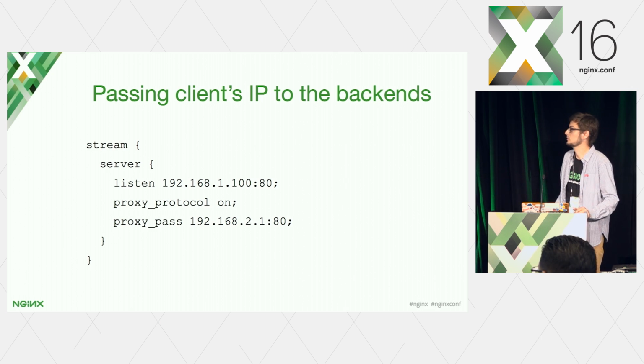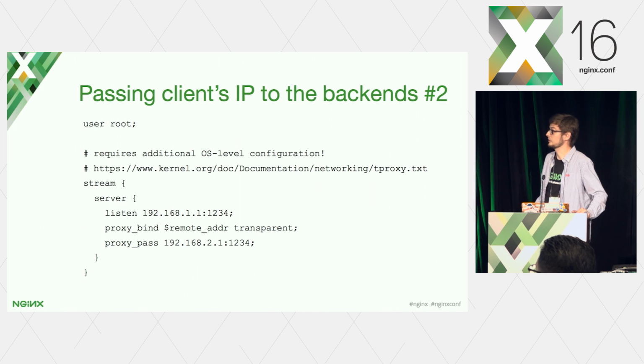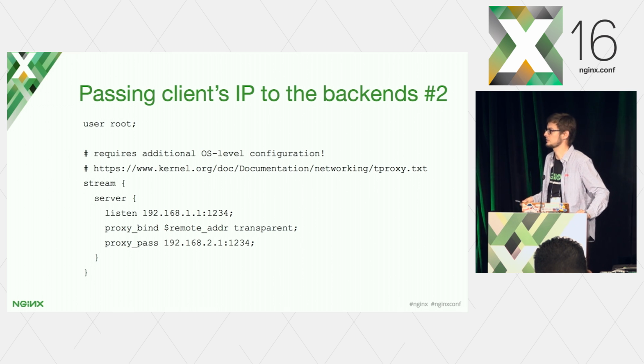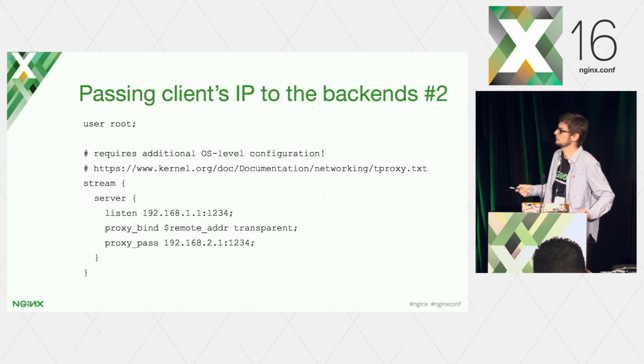Another way to pass the client IP address is to use the proxy_bind directive and use the transparent keyword. What it tells NGINX here is to bind a socket to the backend using the IP address of the client.